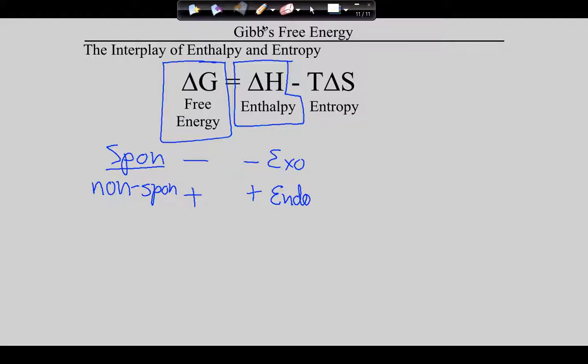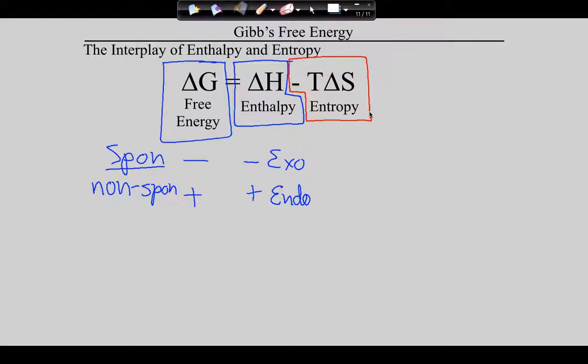Now let's talk about our entropy factor. And guys, all of that is our entropy factor. It's not just the delta S, it is the negative T delta S. And now, guys, I would encourage you to not write until you see this, but let's talk.